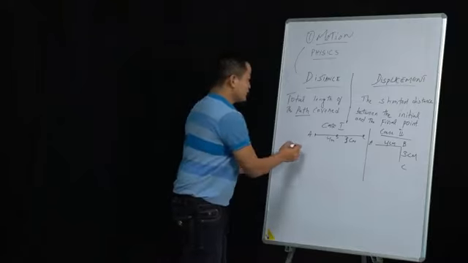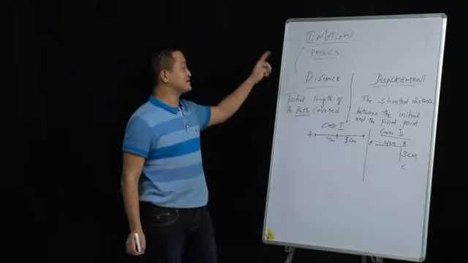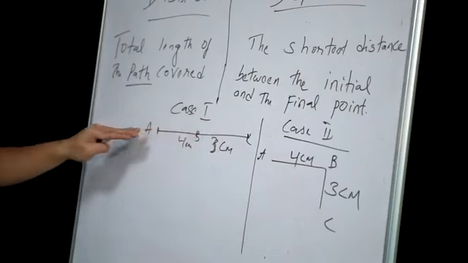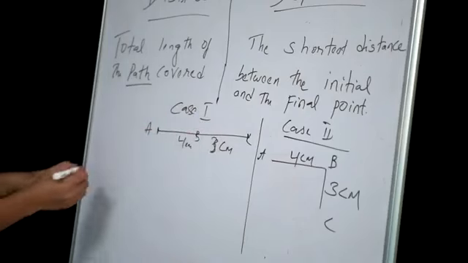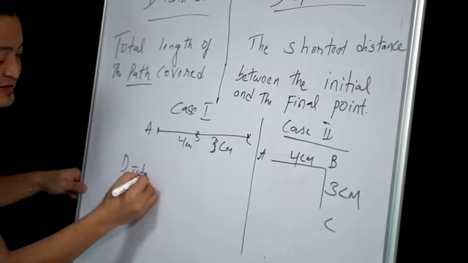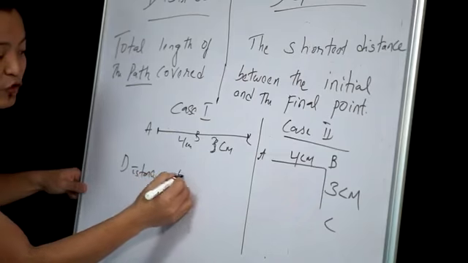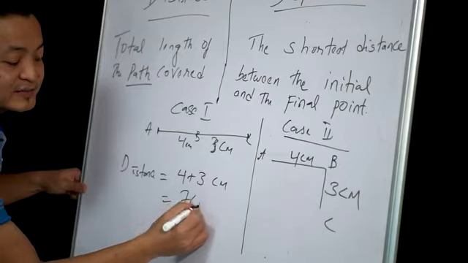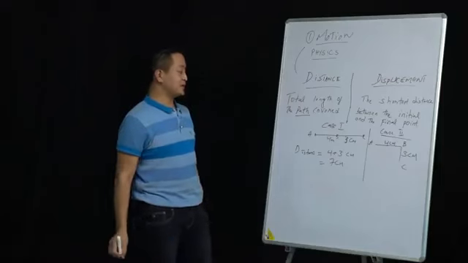Clear? So what did I say, students? I said that distance is the total length of the path covered. So this is the path from A till C. That means here the distance is 4 plus 3 centimeter, that is 7 centimeter. Clear?